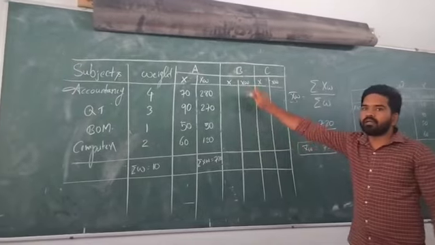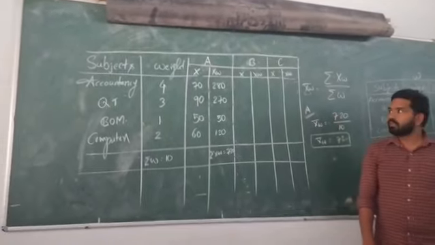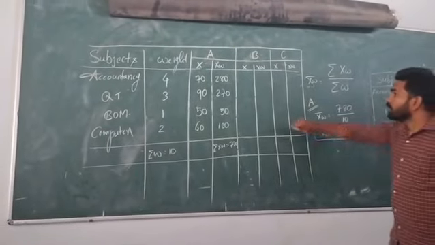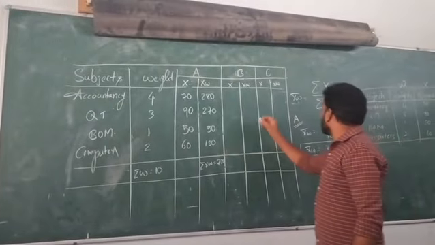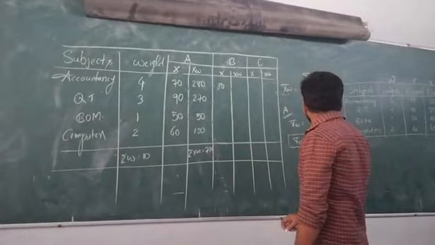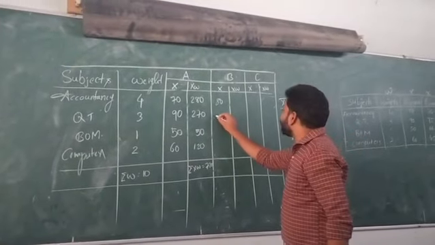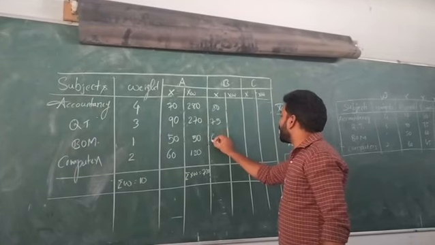Now find the student B weighted marks. Okay, so in accountancy student B got 80 marks. In quantitative techniques he got 75 marks. In POM he got 60 marks.